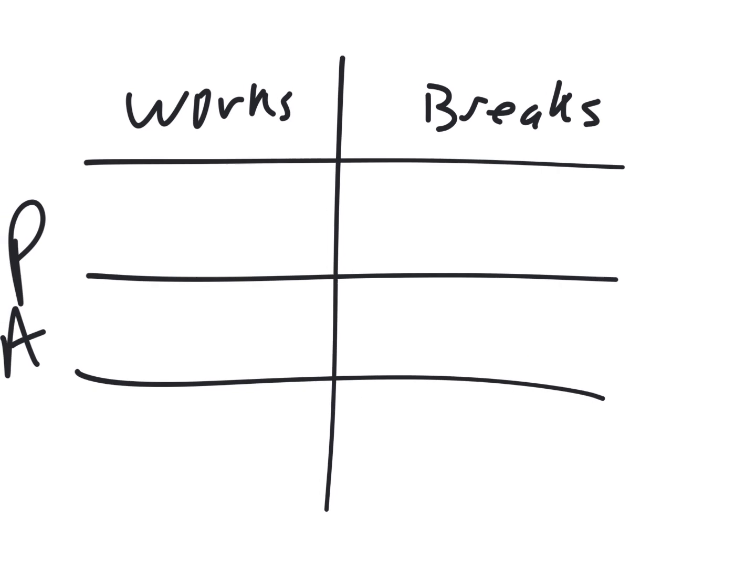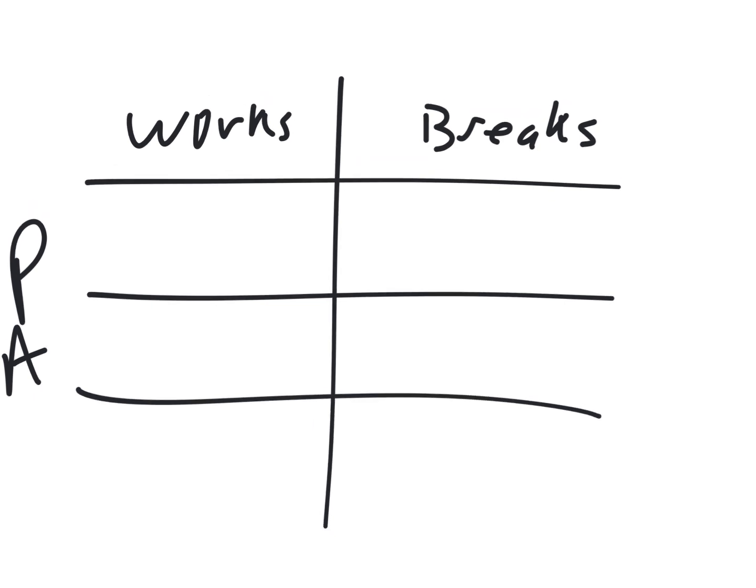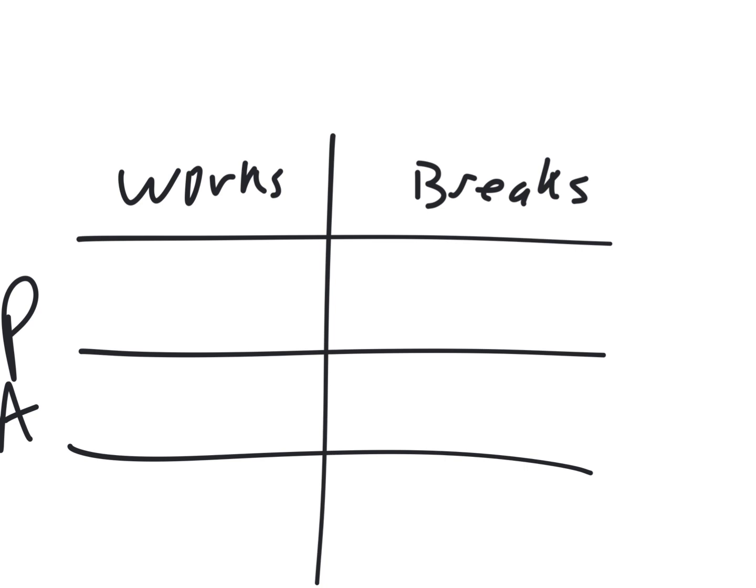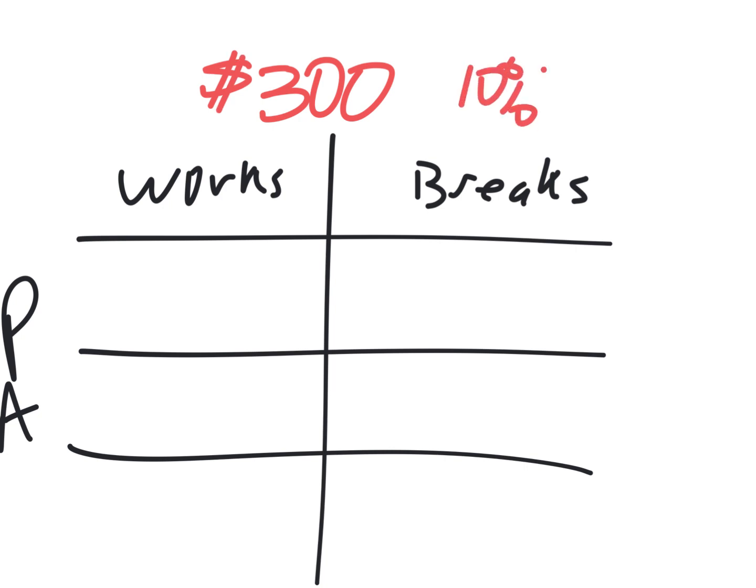We're going to do the exact same thing as we just did a second ago, but this is a little harder because I'm just going to tell you a story, and you have to figure out what goes where. Let's say that your phone is worth $300. Let's say that 10% of phones break.